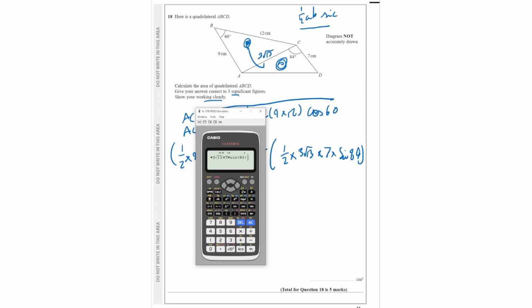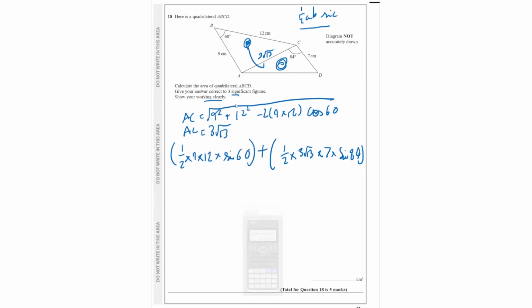And remember to close the bracket. We get 84.416.